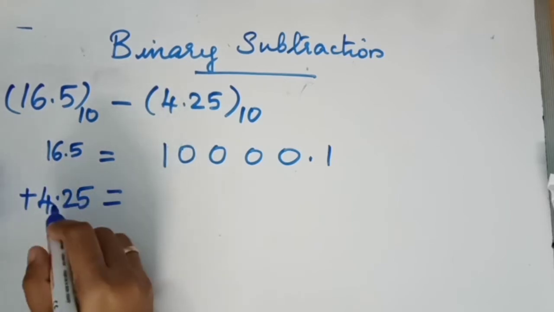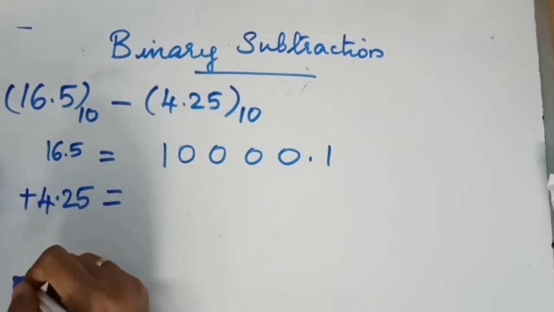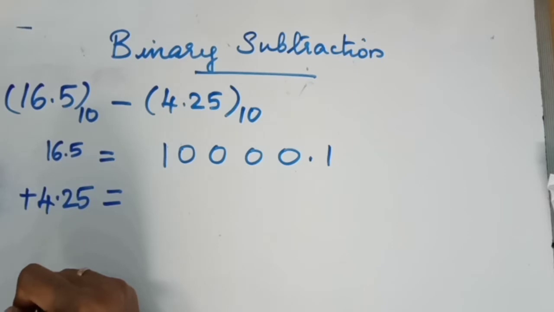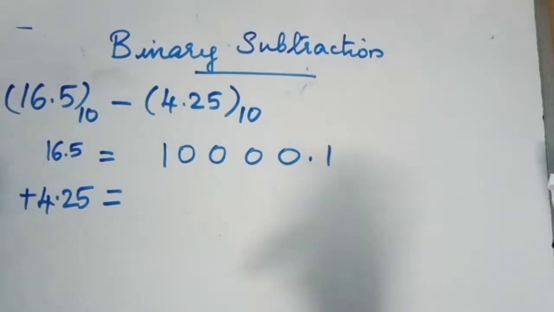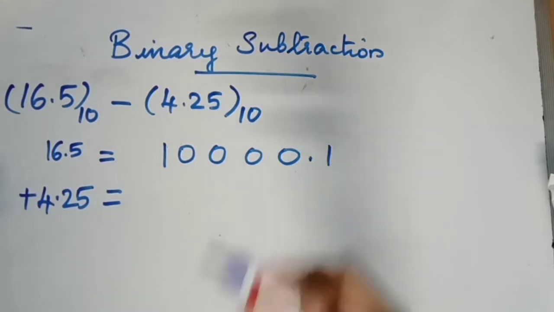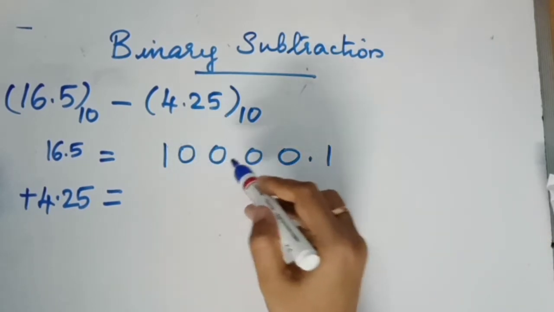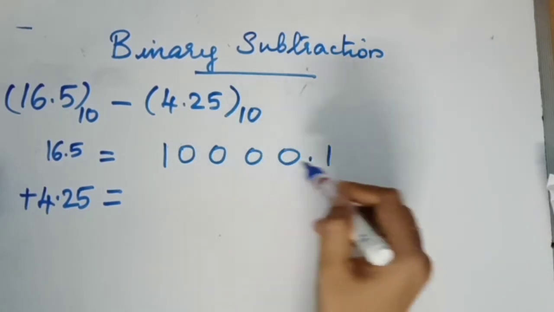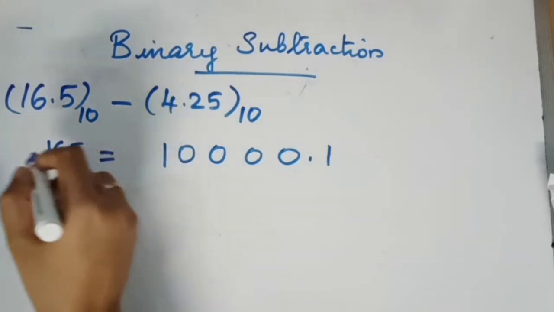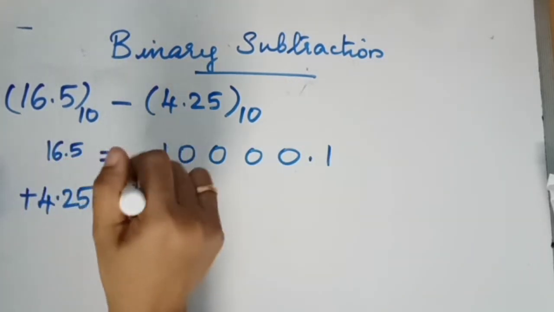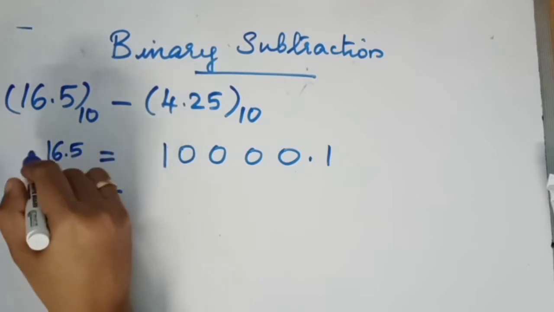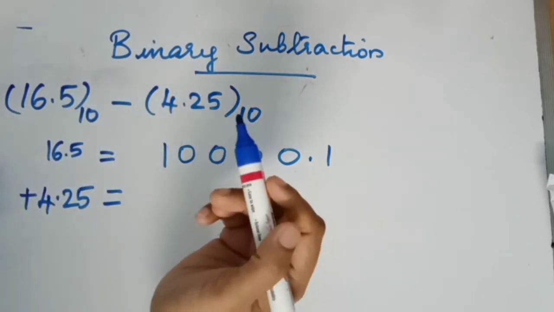You'll first write the positive number, then take the 1's complement, add 1 to the 1's complement, and add the 2's complement form which you get after adding 1 to the 1's complement of the first number. So this is 10000.1. Since this is a subtraction, 16.5 is taken as positive 16.5.